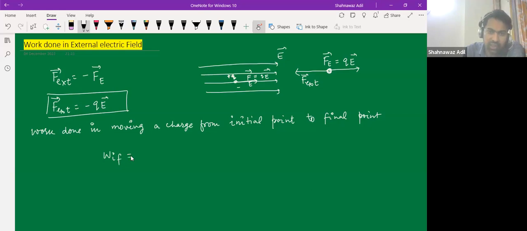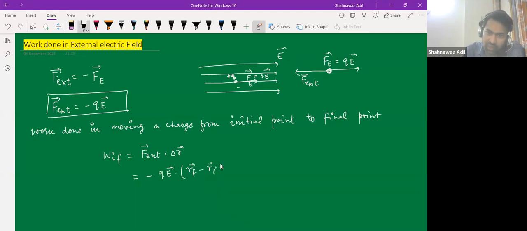And work done is related to the force, right? So that would be F external times whatever distance, let's say delta R. And F external is minus Q E, and delta R is R final minus R initial.